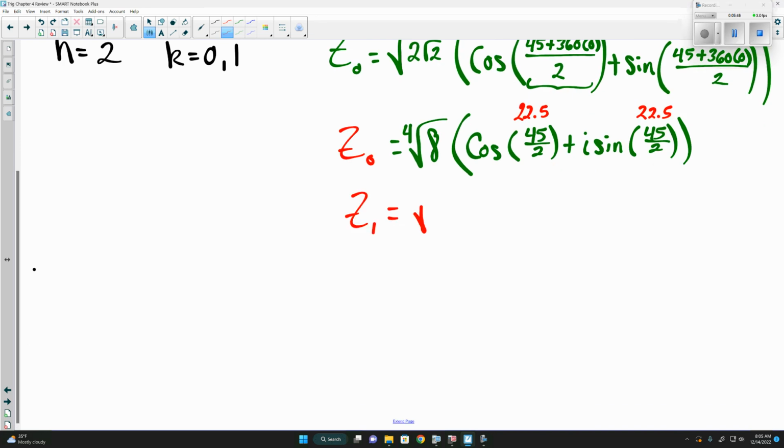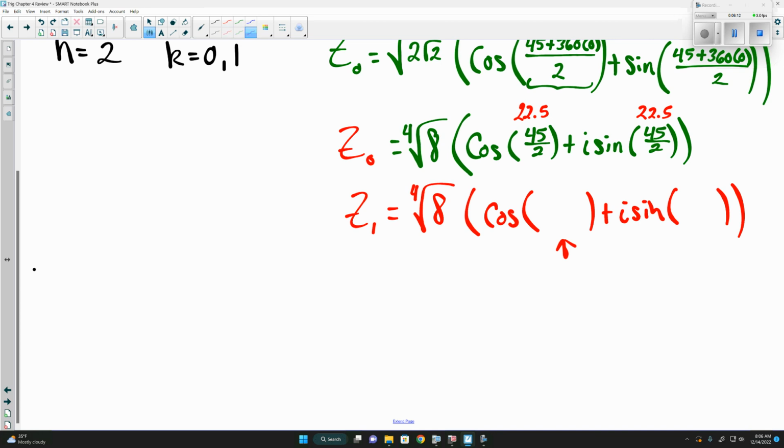Now our next one, well, we'll still have the fourth root of 8. We'll still have that value. Inside both of these parentheses here, we're really doing what? We're changing the 0 from the first one to a 1. Now we could go back in and put in, at this point here, that it's 45 plus 360 times 1 all over 2.